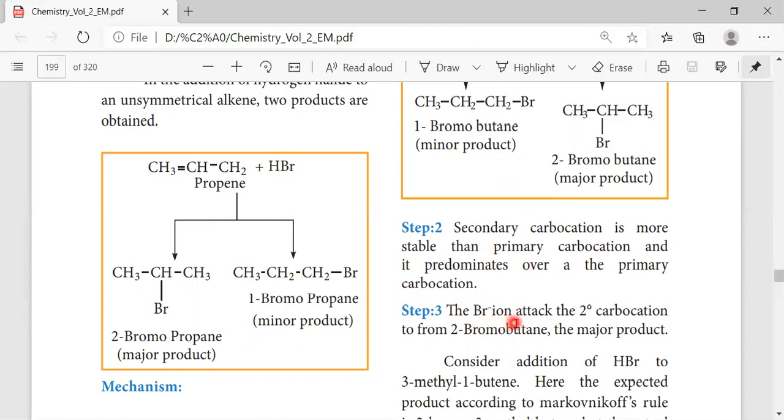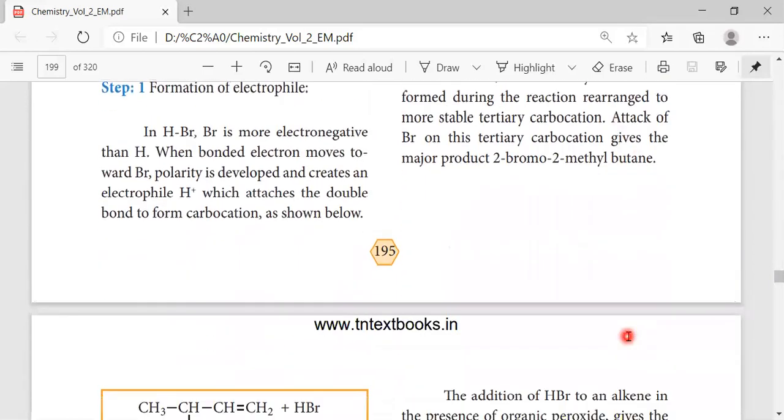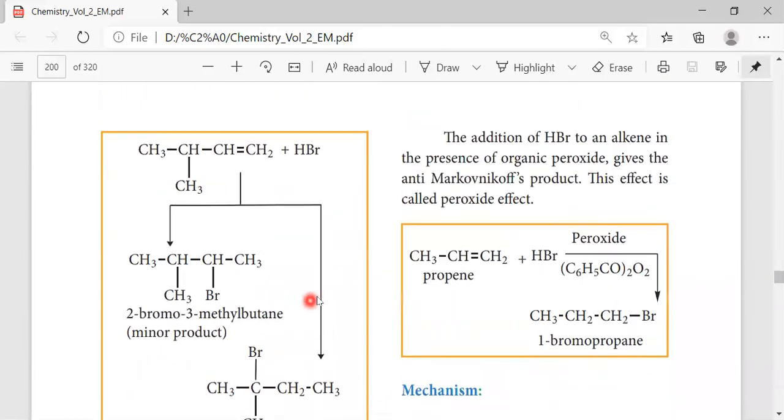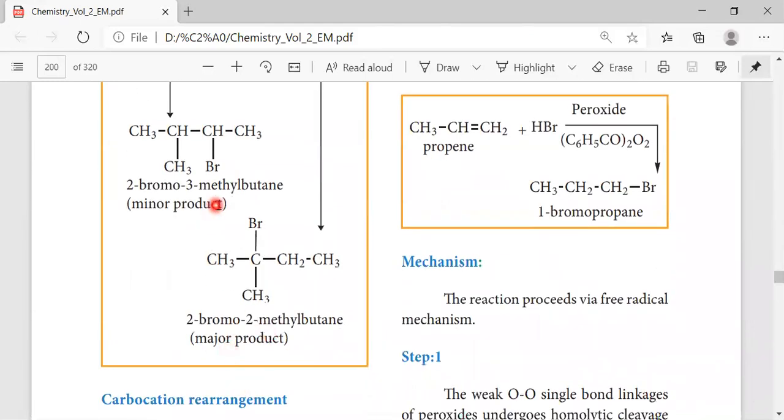In the third step, we have to make the bromine get attached to the respective carbocation. Okay. See, now when we compare with the tertiary, it will be the major product, whereas the secondary is the minor product.